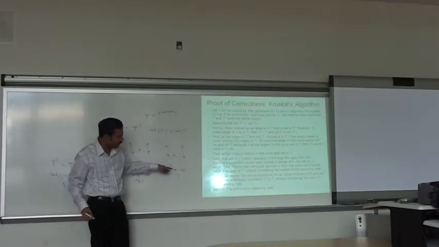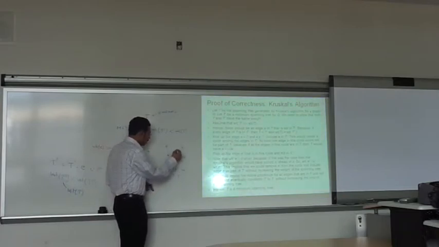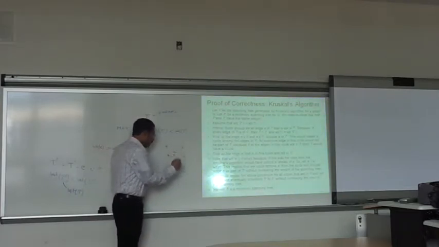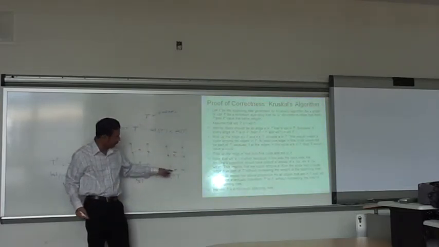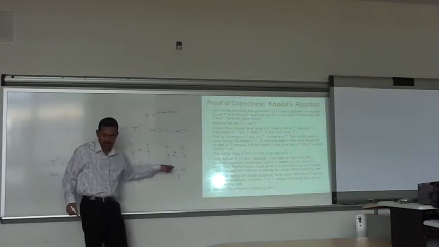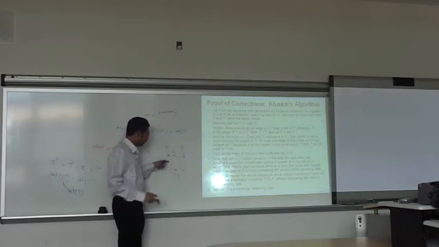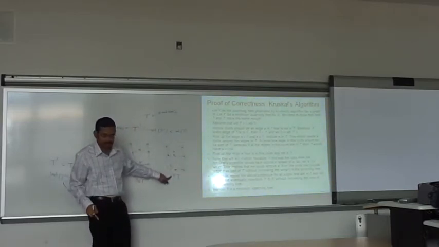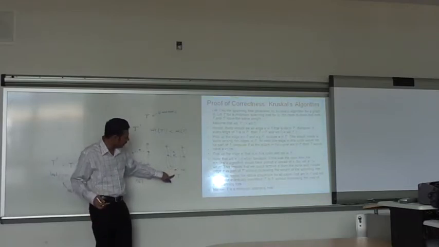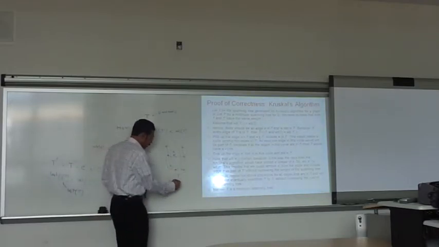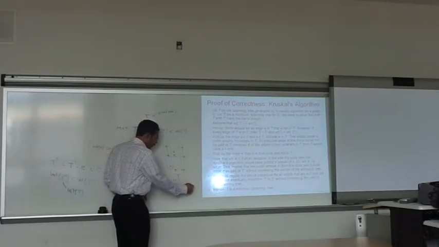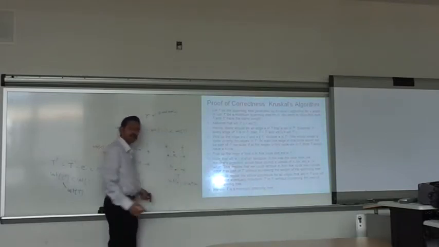If the weight of E prime was, let's say, 10 and this is say 30, we would have picked this edge to connect the two components rather than this edge. The reason why we picked this is because this is of lower weight than this. That's why we picked E over E prime. So the way Kruskal's algorithm works, it is very clear that the weight of E has to be less than the weight of E prime.